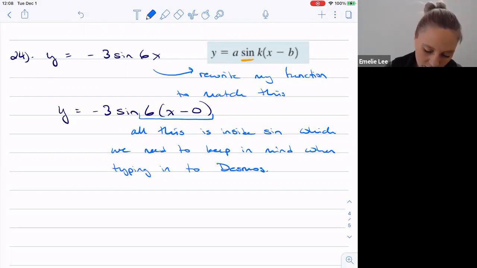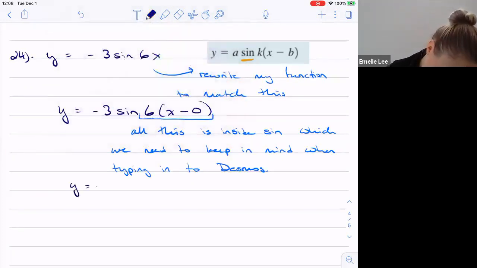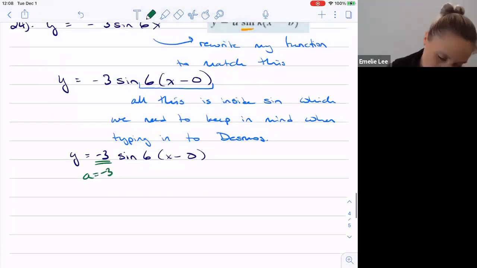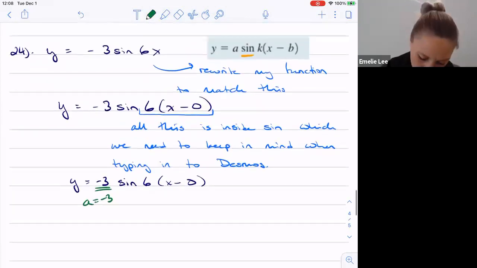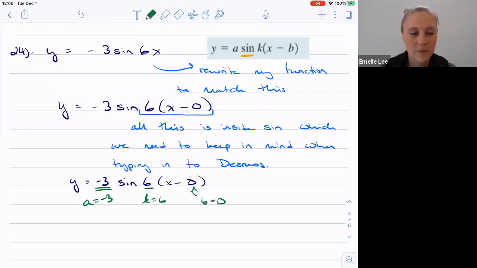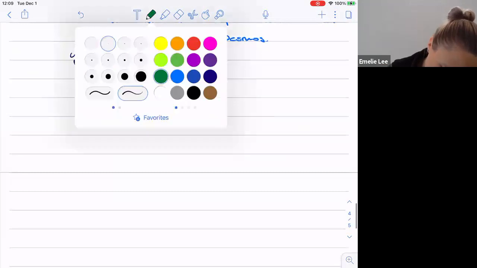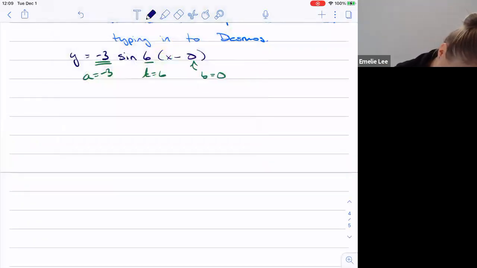Okay, so here, just rewriting, if I have y equals -3 sine 6 times x minus 0, I've got a is -3. Just matching now. I've got k is 6 and b is 0. So now if I'm asked to find the amplitude, the period, and the horizontal shift, I guess there was no horizontal shift. That's okay, nice to have some practice.